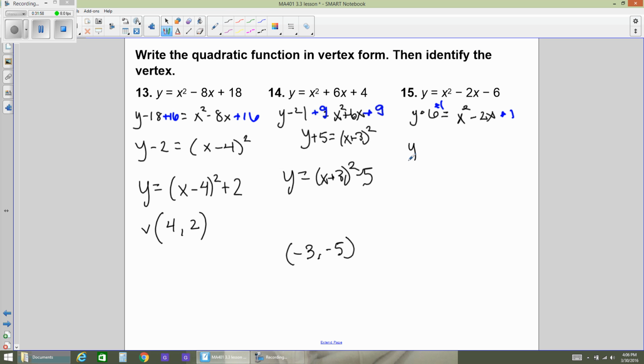So I get y plus 7 equals the quantity of x minus 1 squared. Subtract the 7, and the vertex is 1, negative 7. Great.